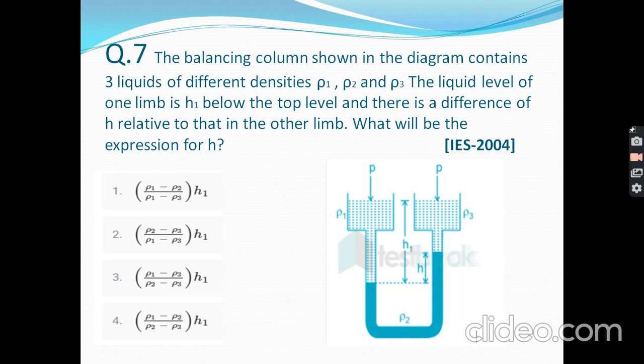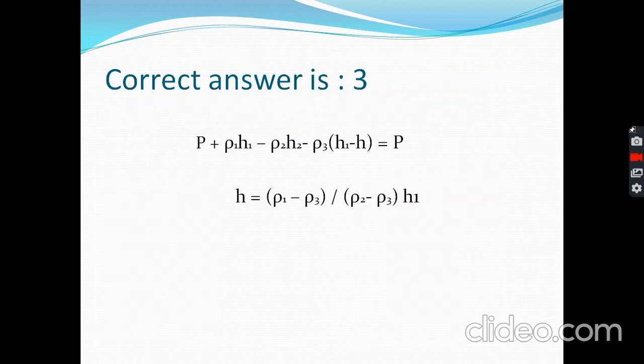Option 1: rho 1 minus rho 2 by rho 1 minus rho 3 into H1. Option 2: rho 2 minus rho 3 upon rho 1 minus rho 3 into H1. Option 3: rho 1 minus rho 3 upon rho 2 minus rho 3 into H1. Option 4: rho 1 minus rho 2 upon rho 2 minus rho 3 into H1.